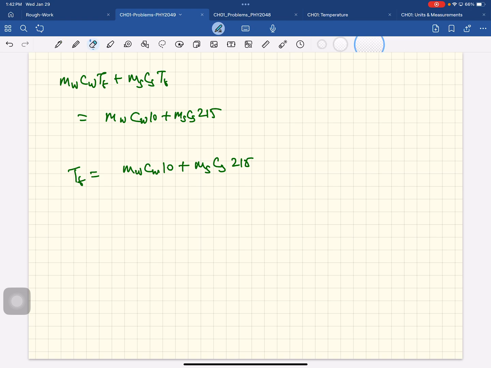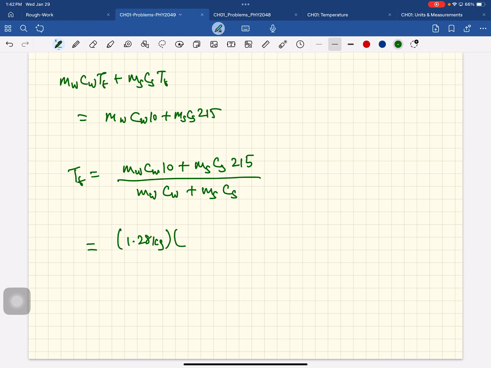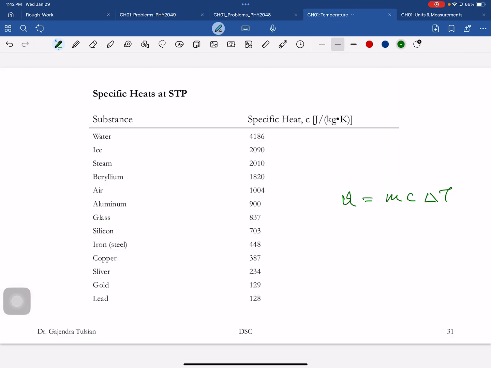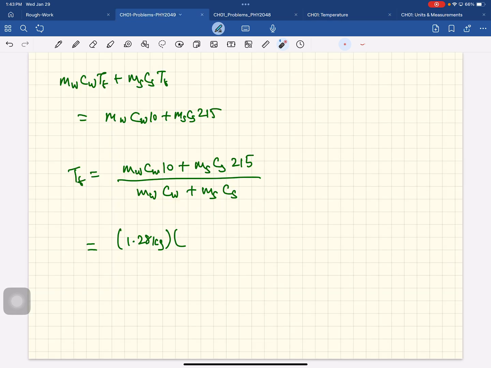And again, I'm not putting a whole bunch of units and stuff. So for water, it's 4.186, and for steel, it's 448. 4186.